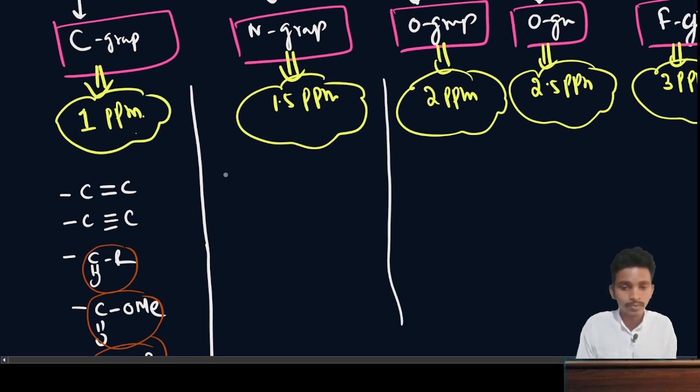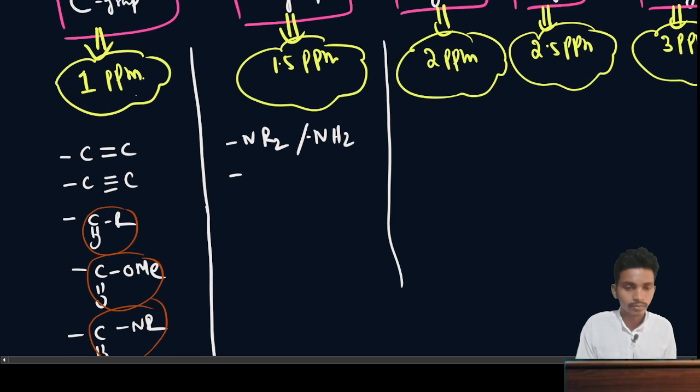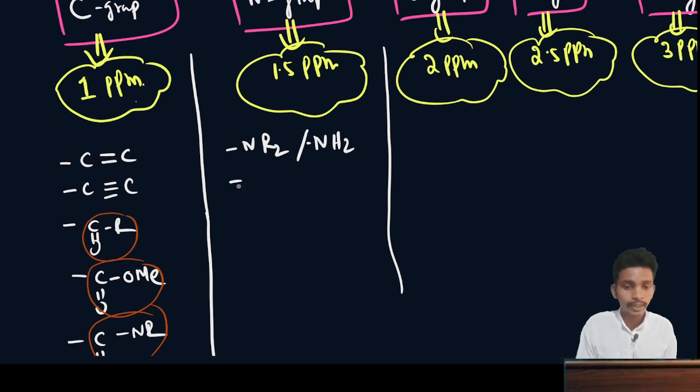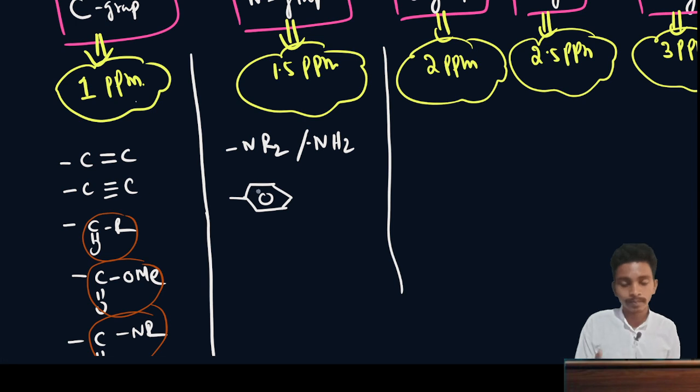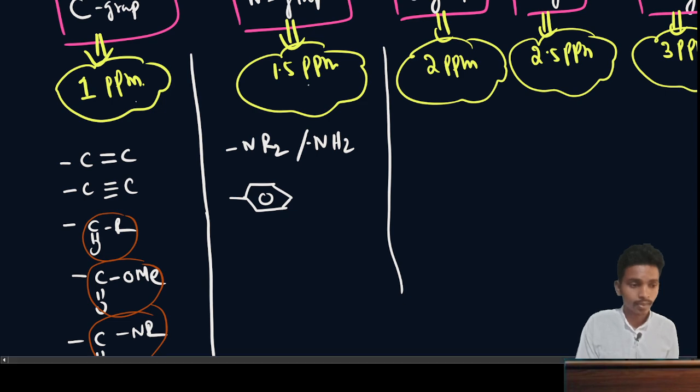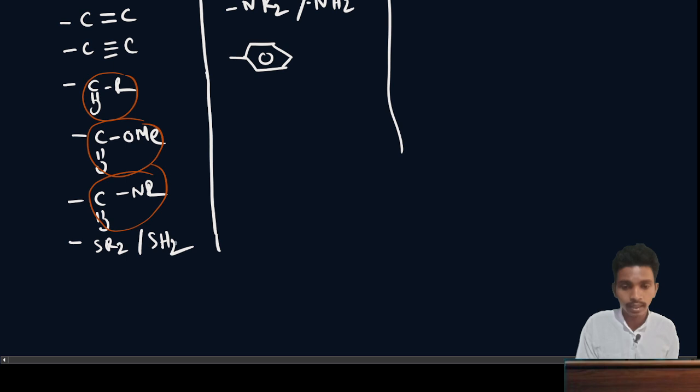So all nitrogen groups, that is NR2, or NH2, and here phenyl groups will come. Not benzyl, whenever phenyl groups are there, that also gives the 1.5 increment. And here SR2, SH2 is there.